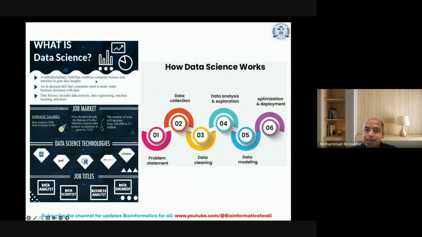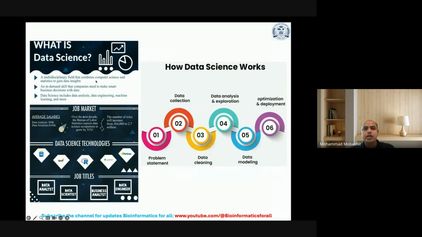Approach: statistics and visualization in business intelligence, while in data science it is statistics, machine learning, graph analysis, and natural language programming, that is NLP. Focus: business intelligence looks at the past and present, while data science looks at the present and future. Tools: there are a number of tools you can use for data science.